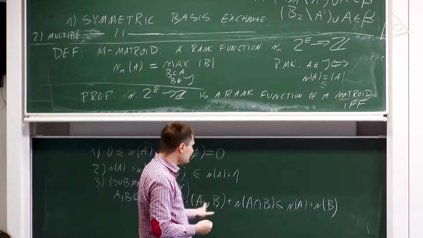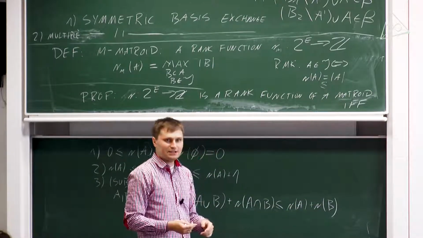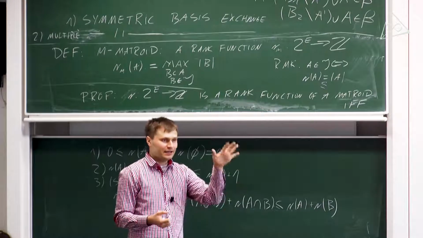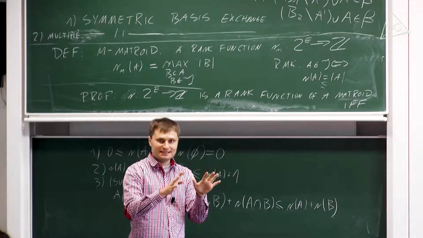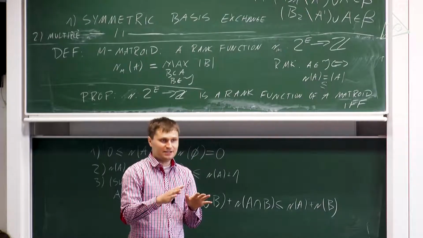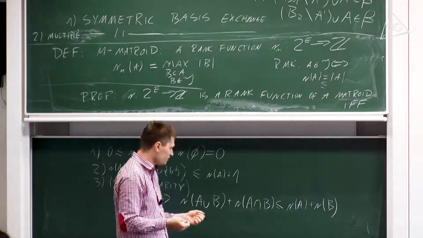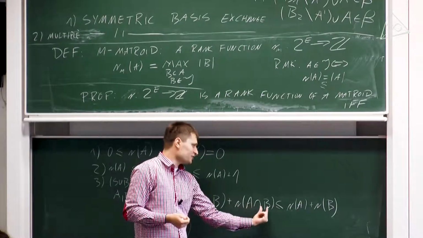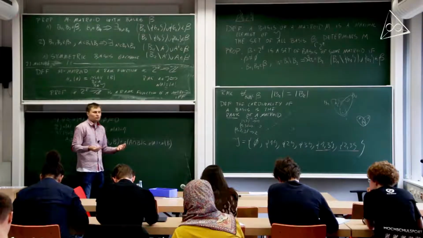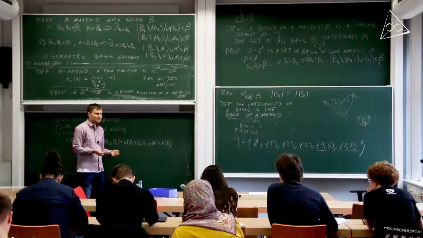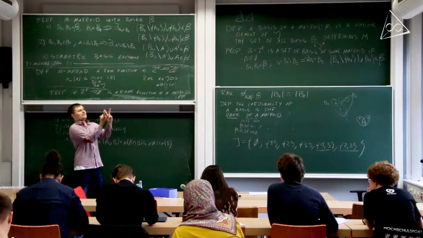Yeah? So this is a translation of the well-known equality that if you have two vector spaces, then the dimension of the union is the sum of dimensions minus the dimension of the intersection. But you have to remember that the intersection of sets does not have to span the intersection of the vector spaces.